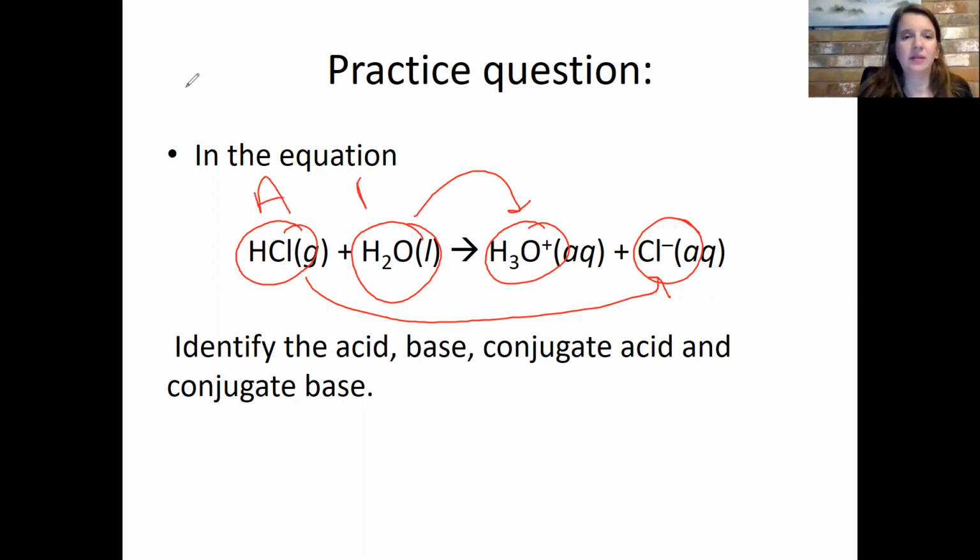That means this has to be the base. Acids and bases are always on the reactant side. The conjugates are always on the product side. So the water became H3O plus, so it went up a hydrogen, so the base, the water, accepted the hydrogen. The base goes with the conjugate acid. The acid goes with the conjugate base.